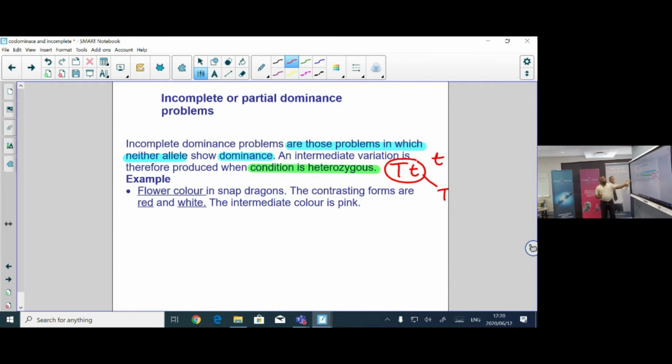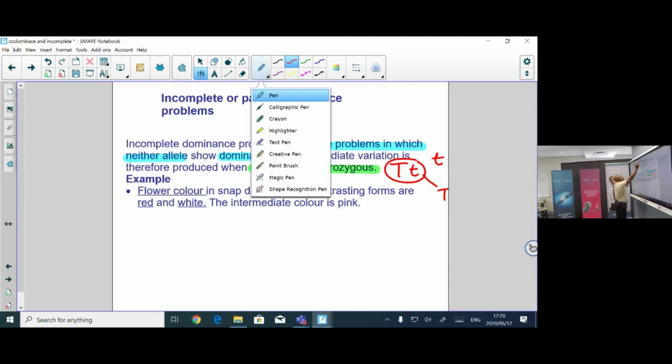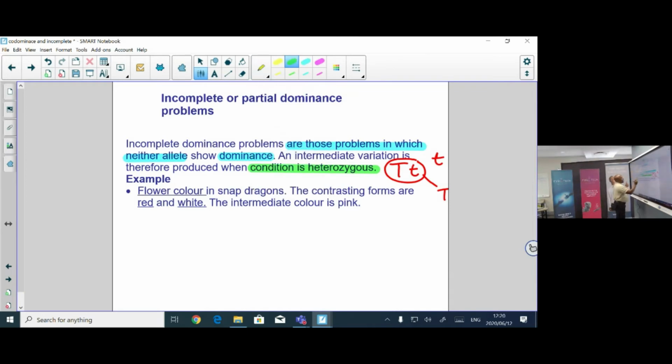All right, let's look at the example. Flower color in snapdragons. Snapdragons are a kind of flower. So our trait here is the color of the flower.